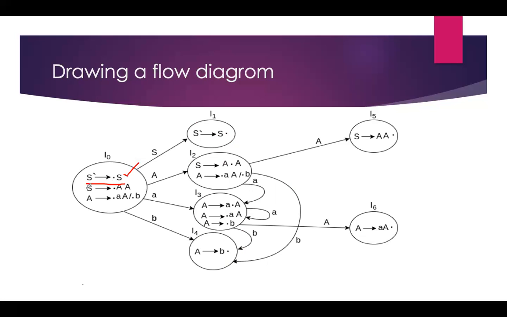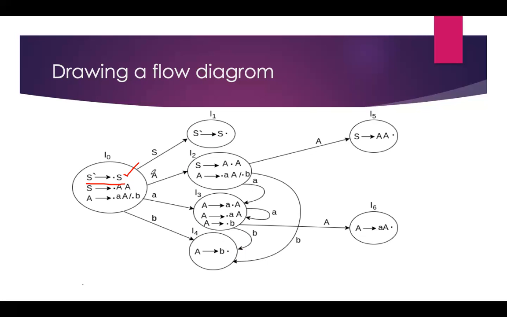After the dot, A rules. How many rules are there? Only one rule is there. After the dot, capital A, that is a non-terminal. So here what we are going to do is expand this.